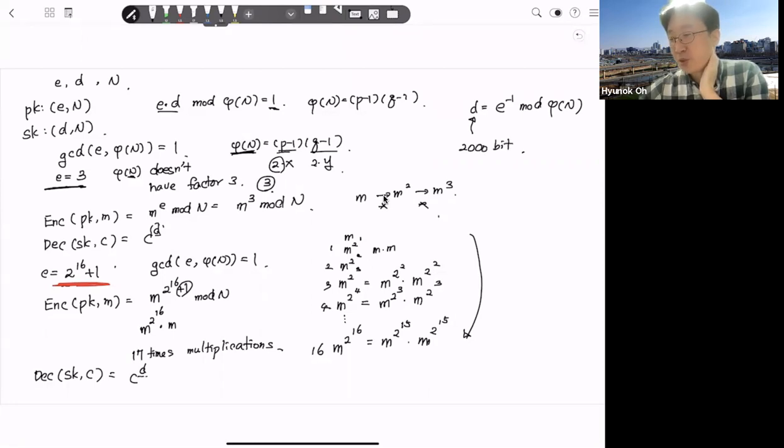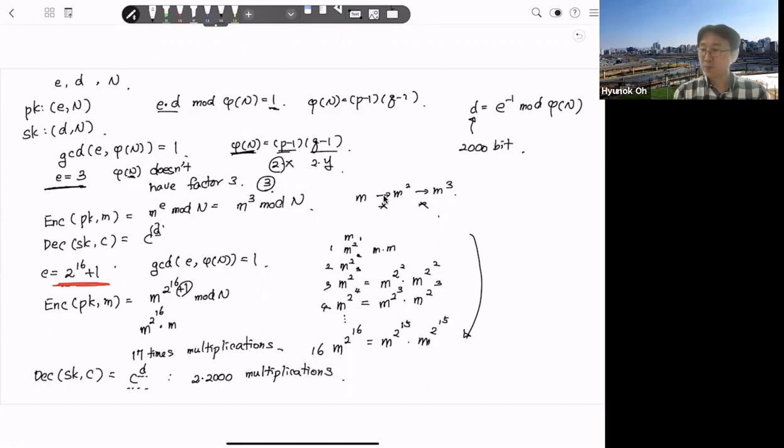If this is 2000 bits, then how many multiplications do we have to compute for C to the D? Almost 2 times 2000 multiplications. So decryption is much slower than encryption in RSA. In RSA, encryption needs just 17 multiplications, but decryption takes like 4000 multiplications. So it takes a lot of time.